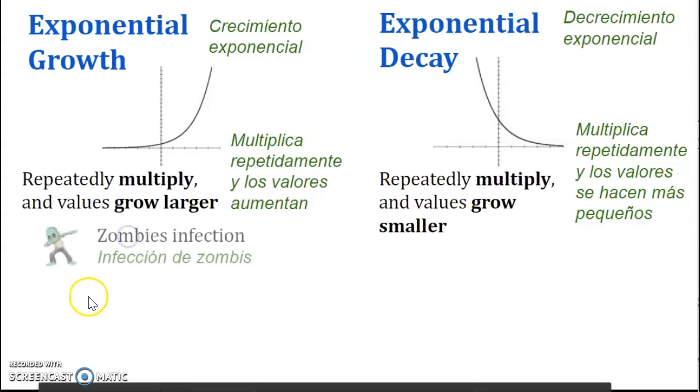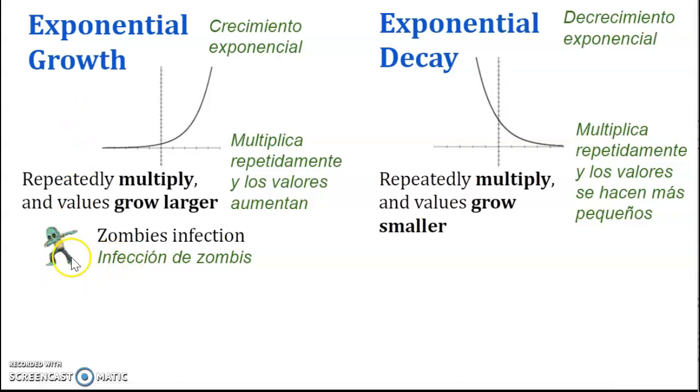Okay, so think about the zombie infection. That's the exponential growth, where the multiplier was, oh no, the multiplier was 3, because every day 2 more people were going to get infected. So including yourself, it's going to be growing by multiplying by 3.